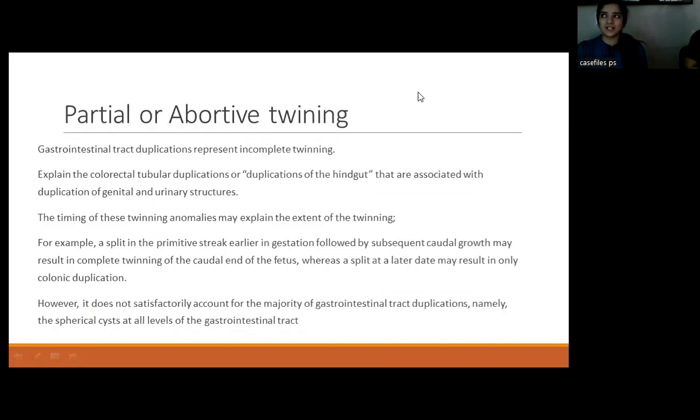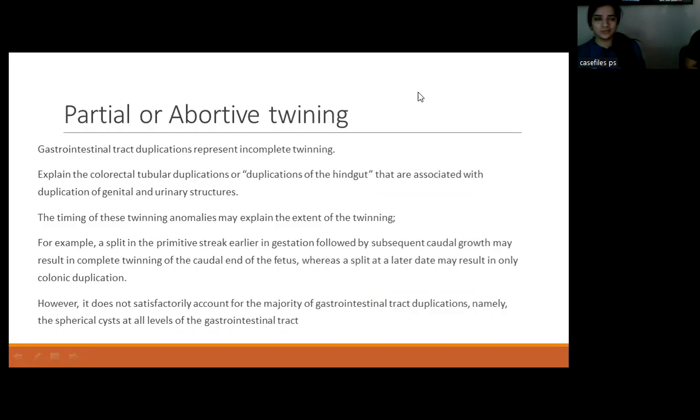First is partial and abortive twinning. Basically, it is said that gastrointestinal tract duplication occurs because of incomplete twinning, as we have seen cases which have multiple duplications involving the intestinal tract. That is, we have seen duplicated anus, duplicated genitourinary tract, and duplications of the head and mouth.